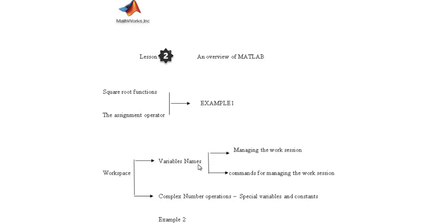The variable name can also be divided into two types: the first one is managing the work section, and the last one is the command of managing the work section.